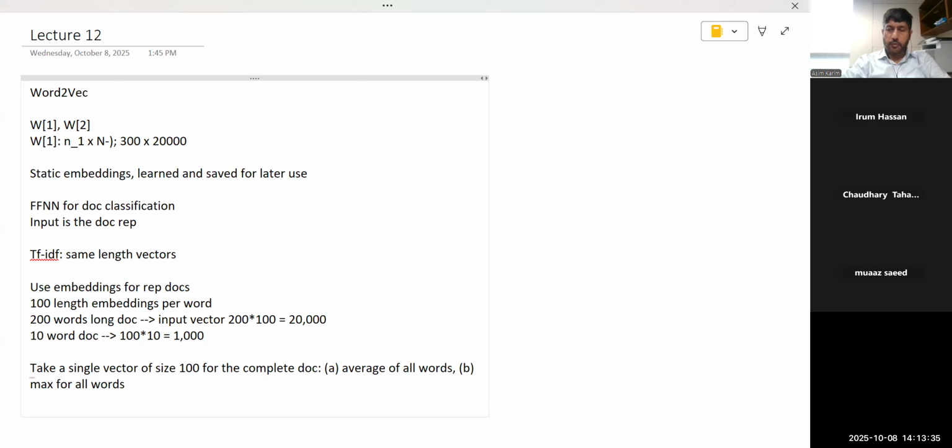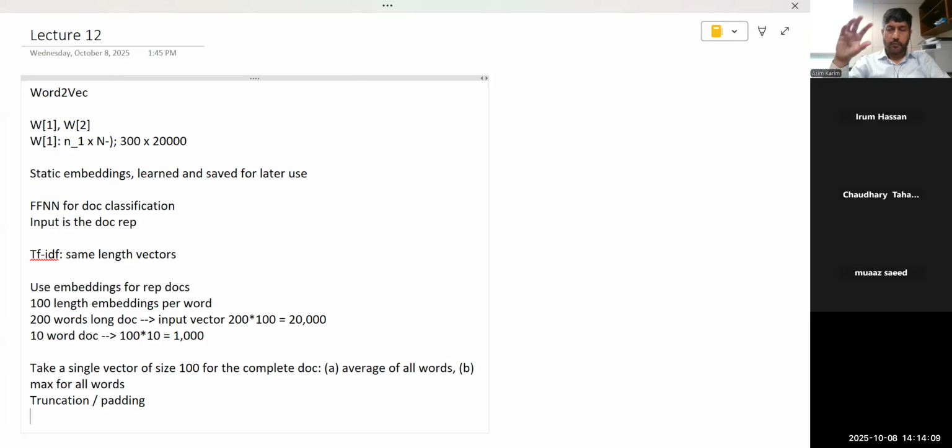The other approach is of course truncation slash padding. So let's say you assume that I will only take the first 50 words of the document or some selected 50 words of the document and use that as input to the neural network.